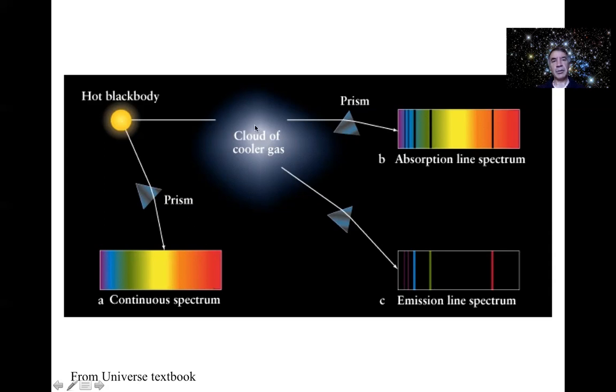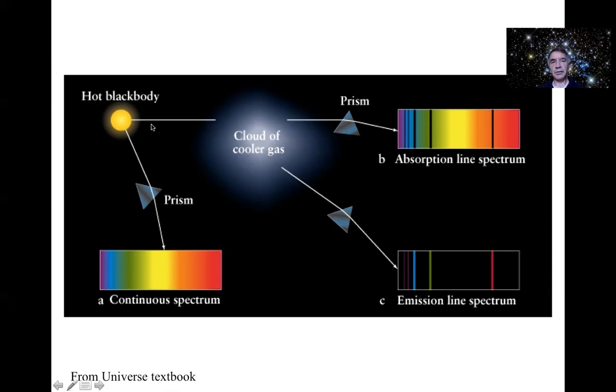But if you stick a cloud of cooler gas in front of it, so it just has to be cooler than this, as photons stream through here, they will get absorbed by particular atoms or ions or even molecules that make up this cloud of gas.